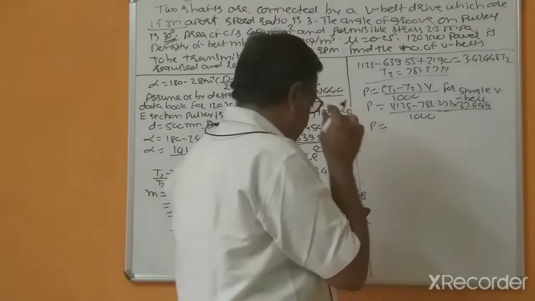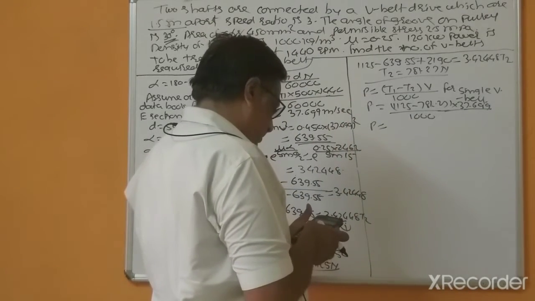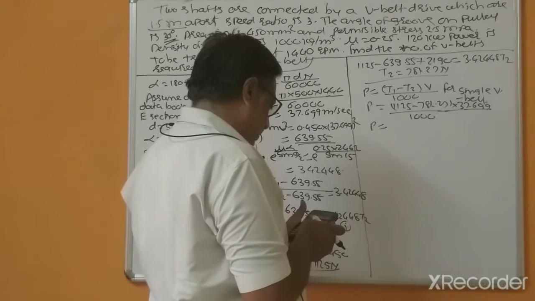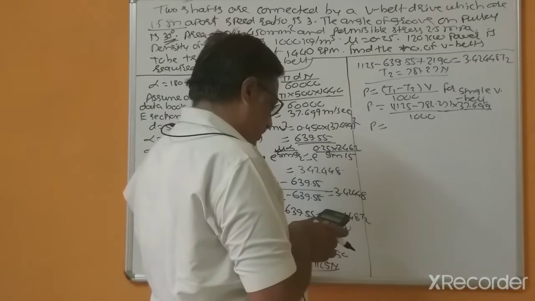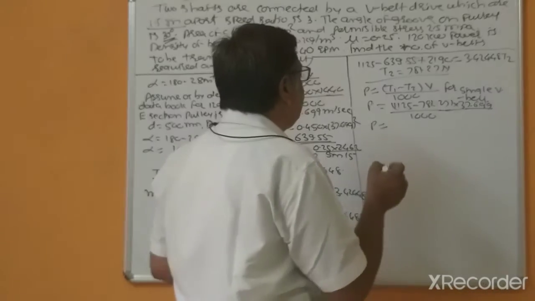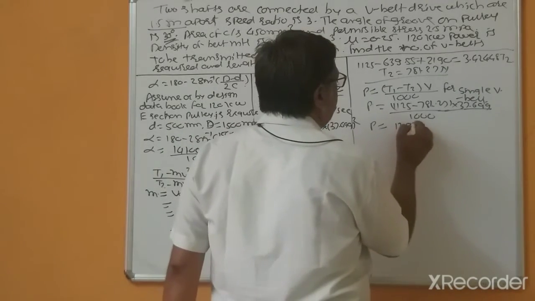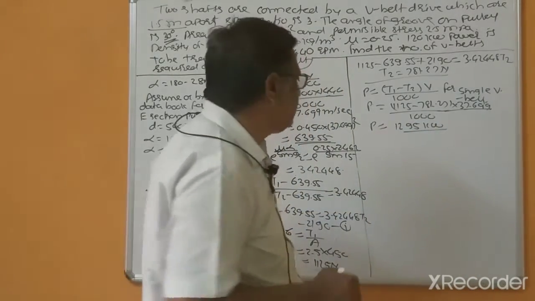So P equal to 12.95 kilowatt. So this is the power transmitting capacity of the single belt.